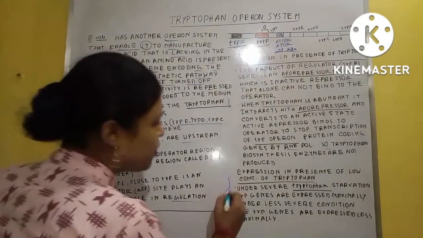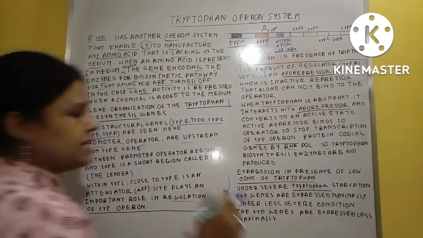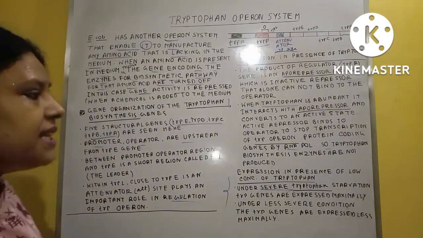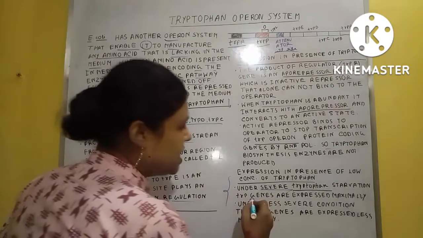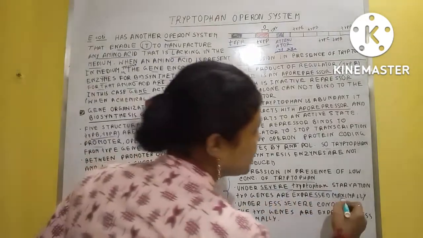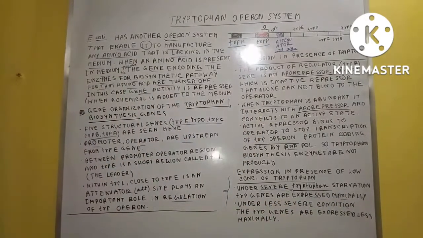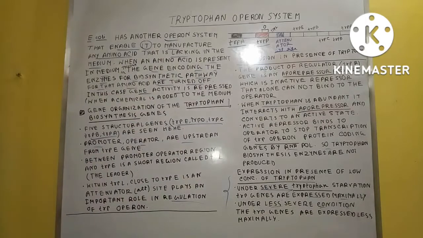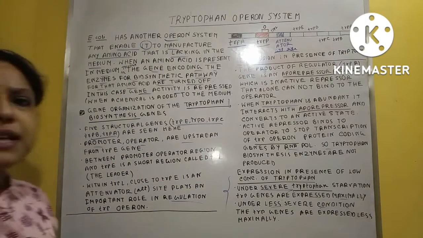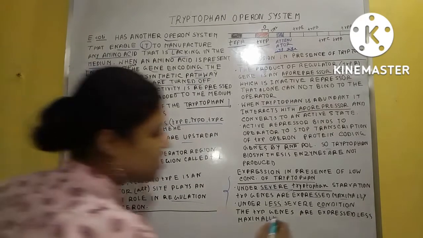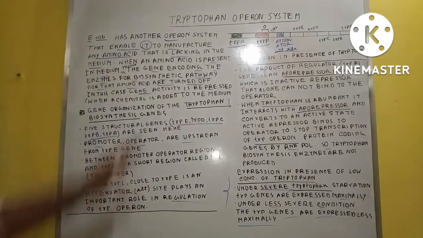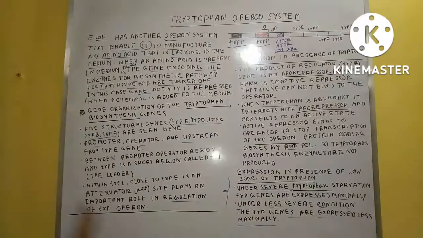And here, in the true process, if a severe amount of tryptophan shortage is present in the medium, then the genes are expressed maximally. Clear? The genes are expressed maximally. And under the less severe condition, that means tryptophan is present in the medium but less, then the genes are expressed less maximally. So this is actually the tryptophan operon system. It is very easy.